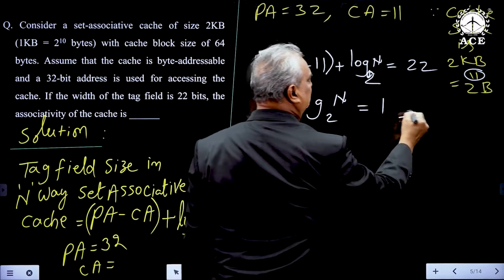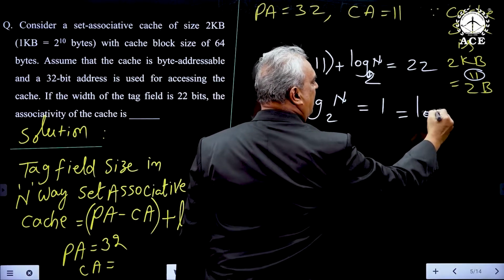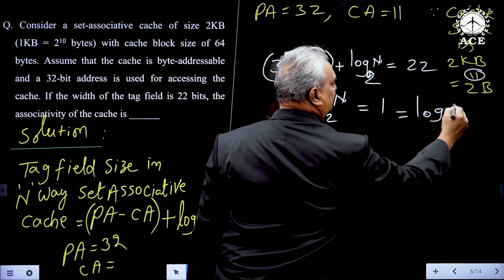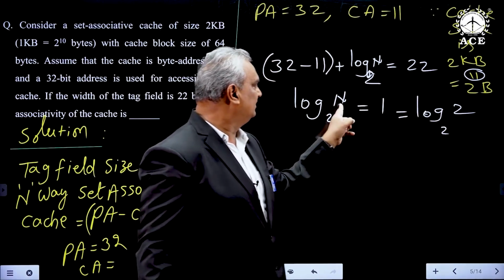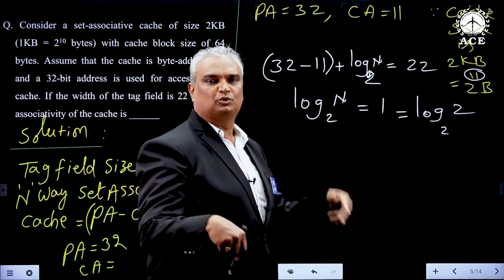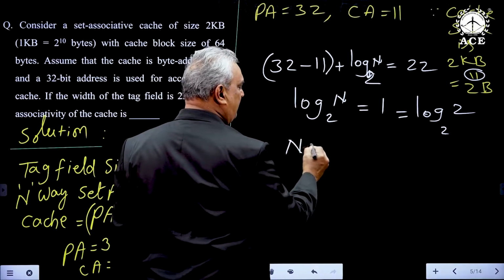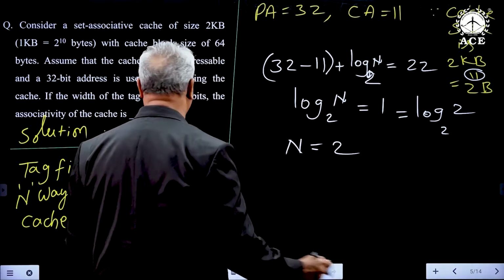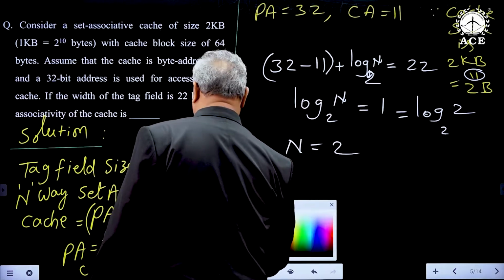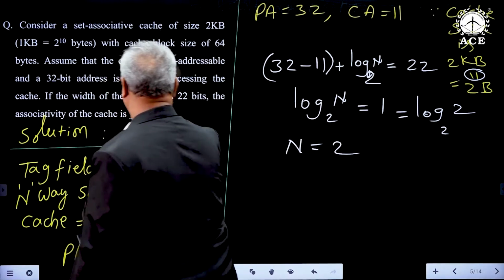Then log n value becomes 1, and to get 1 here, n value must be 2. So n is equal to 2. That's why it is known as a two-way associative cache. So what is our correct answer? Our correct answer is 2.